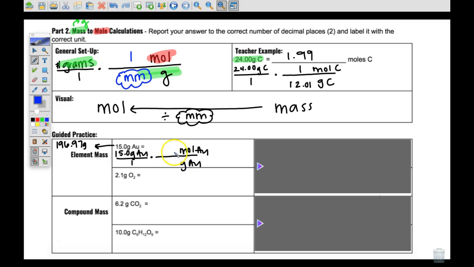Then I have to put my relationship into the conversion factor based on the units. So for every 1 mole of gold, there's 196.97 grams. So after completing that division, I'll solve for 0.08 moles of gold.